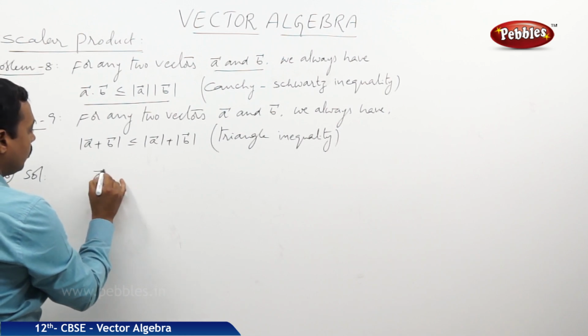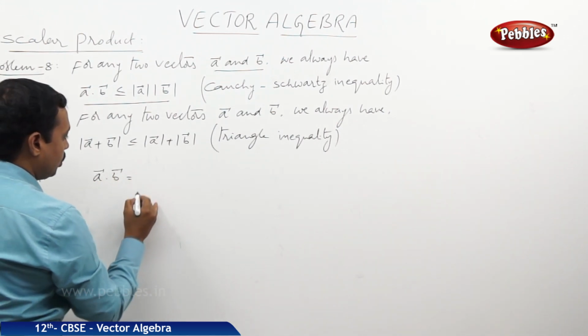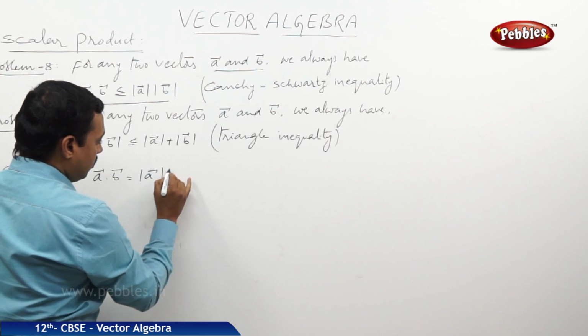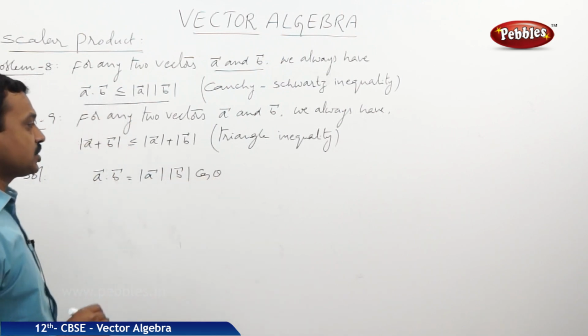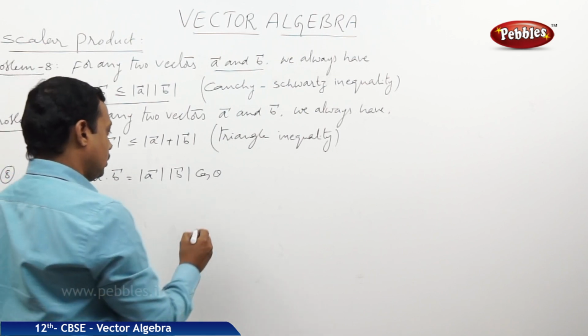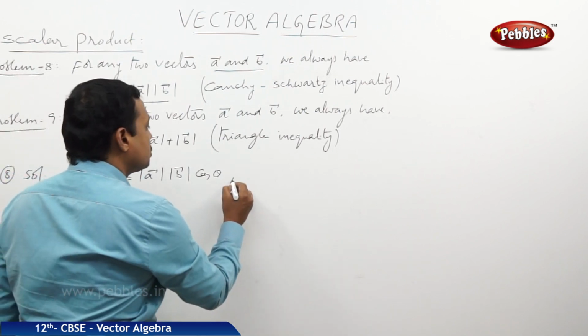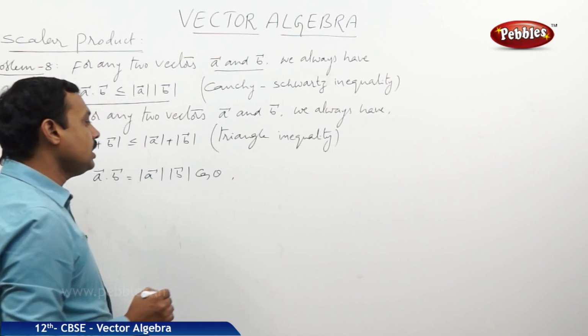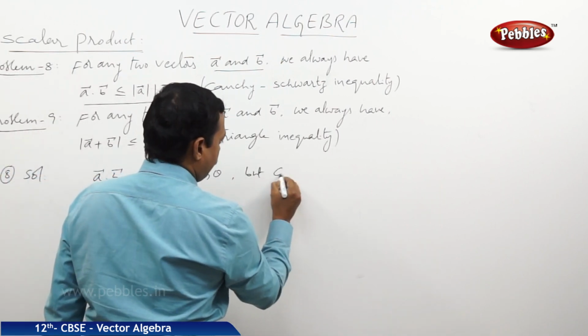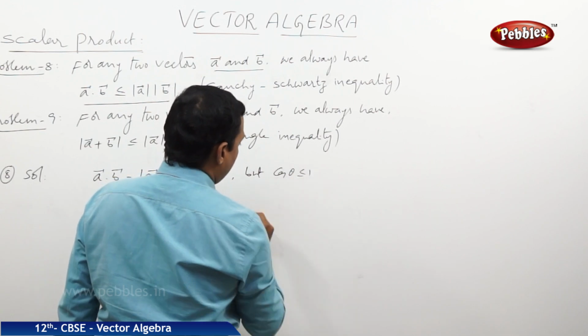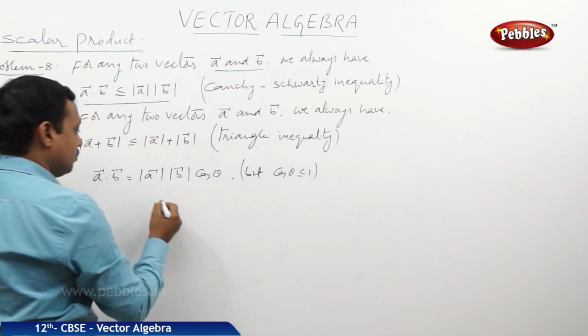We have A bar dot B bar is equal to mod A mod B cos theta by the definition of the dot product. But cos theta is always less than or equal to 1.